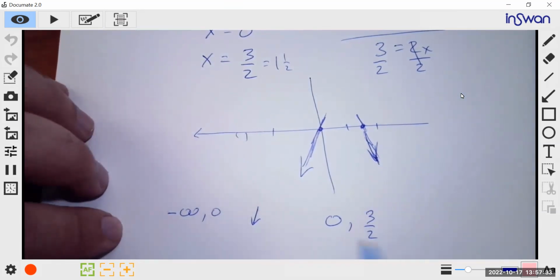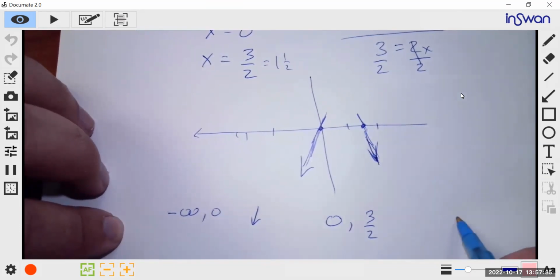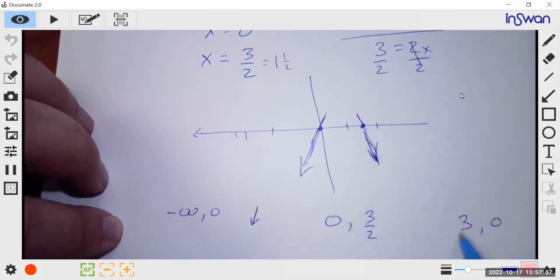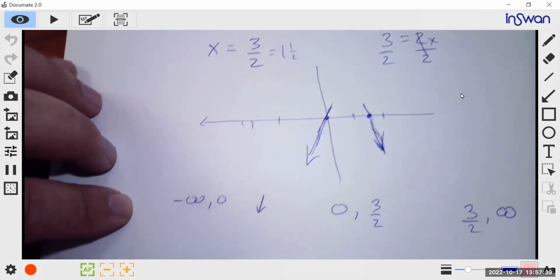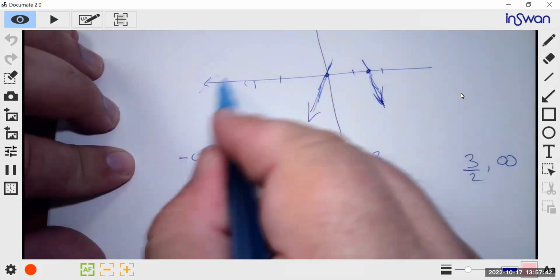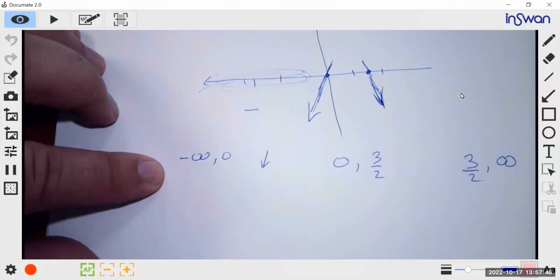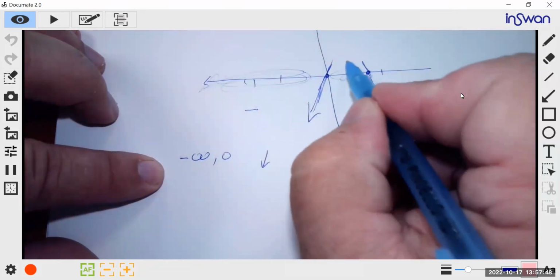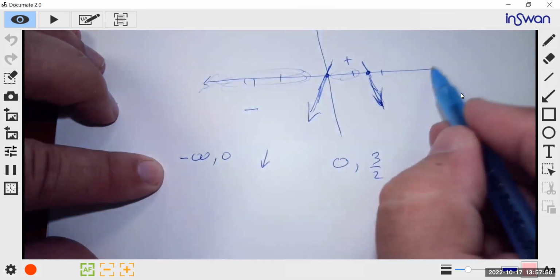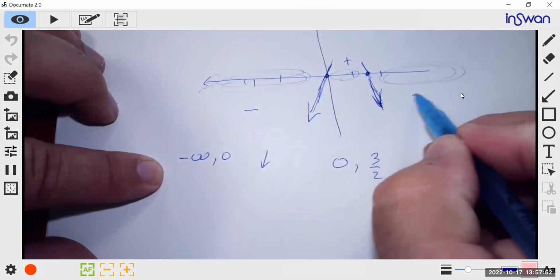So if we pick a number between these intervals and plug it into the equation, between here we'll get a negative answer. Between these two, we'll get a positive answer. And between these two, we'll get a negative answer.